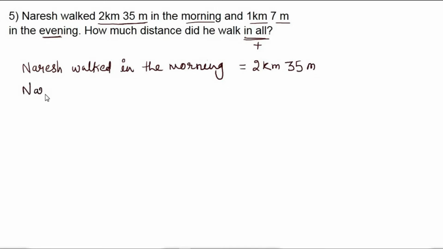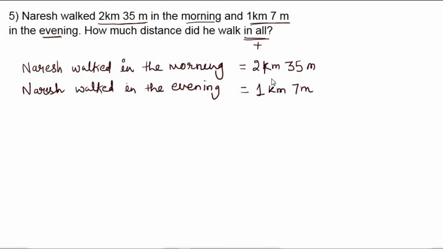Then the second statement is Naresh walked in the evening, that is 1 km and 7 meter. So here you can see that the distance is given in two different units, kilometer and meter. So to solve this question we need to change this meter into kilometer.